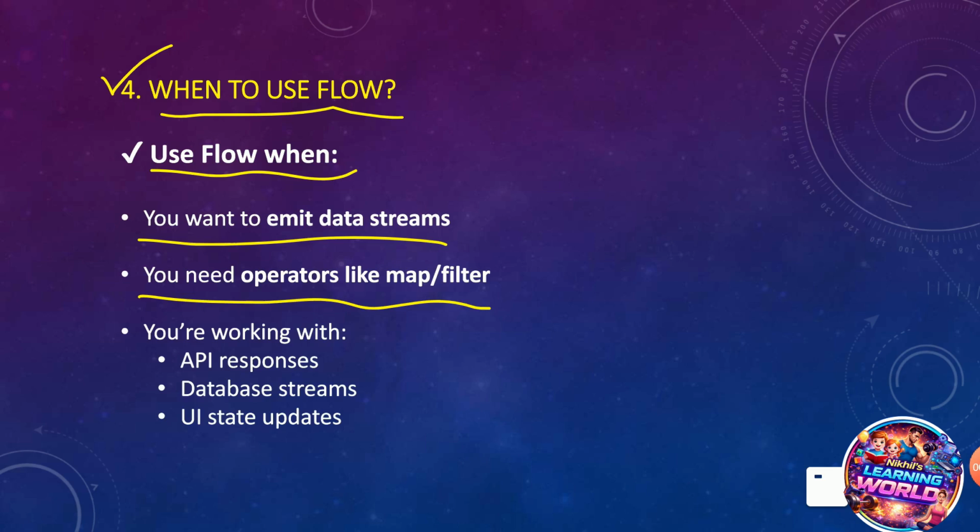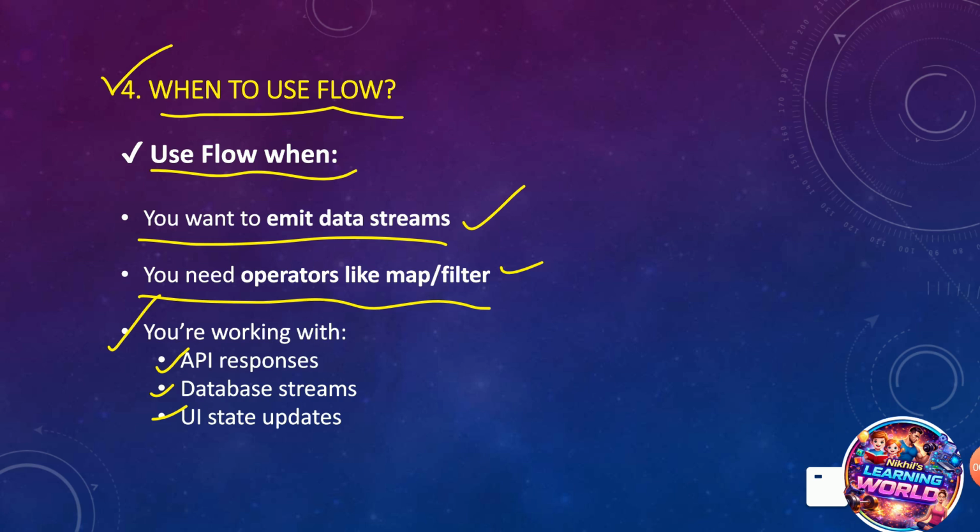You are working with APIs: API responses emit only when you fetch the data from the server. Okay, so database streams and UI state updates. Whenever data comes, you can update the state. At that time, Flow is used. Hope you understand and get a clear idea on that.